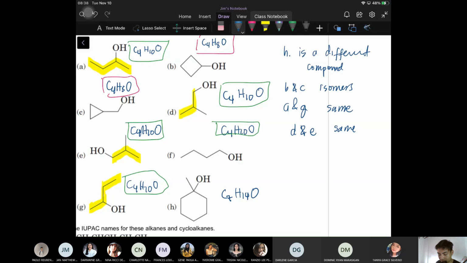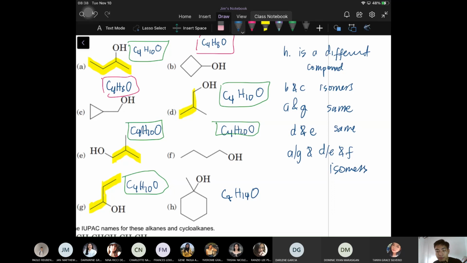So, ano masasabi natin? That A and G are the same. D and E are also the same. How about AG and DE? AG and DE and F, they are all isomers. No? Kasi magkakaiba sila ng itsura.